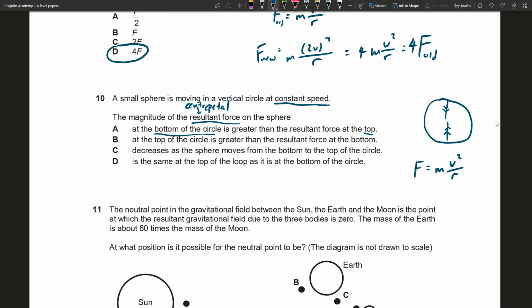Because it's the same circle, r is the same. Because it's the same object, m is the same. And because it's moving at constant speed, v is the same. So take note that the resultant force does not change. It's the same at the top of the loop as it is at the bottom of the circle. Our answer here is D.